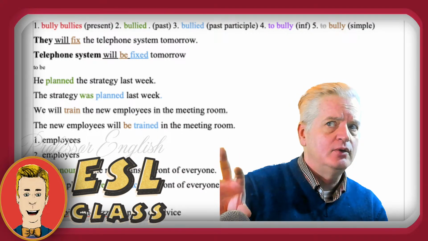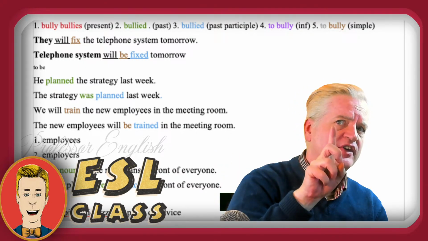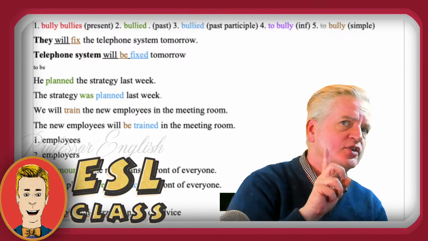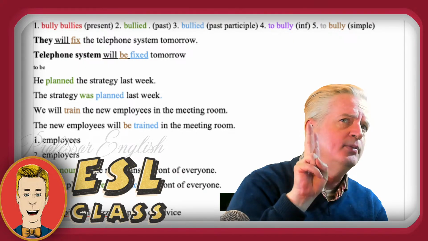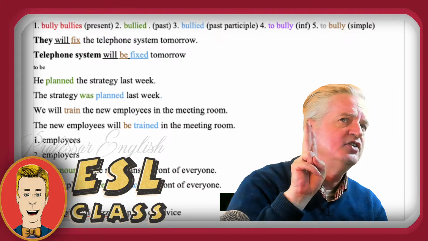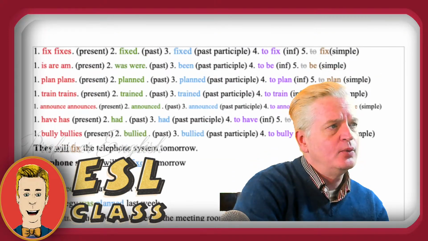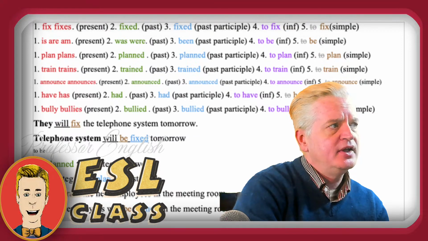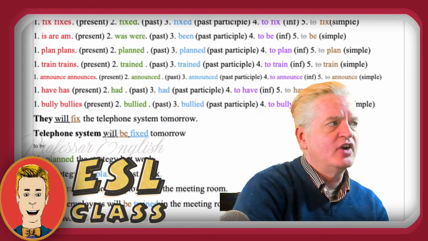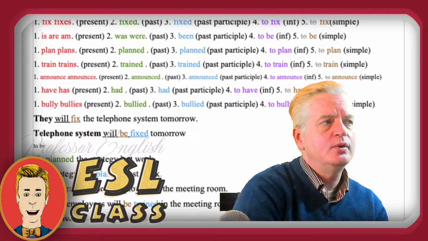Will train. Will just tells us about the time. The real verb, the principal verb here, is train. What form of train are we using? What color is train? Look at the chart. Is it red? Is it green? Is it blue? Is it purple?